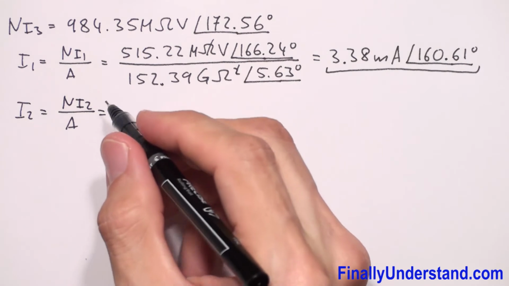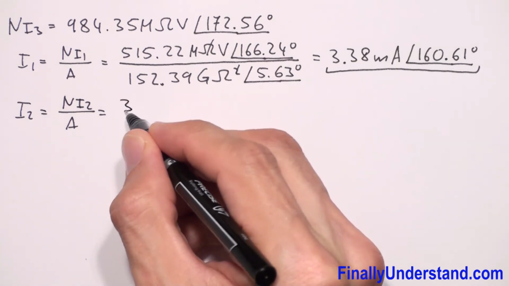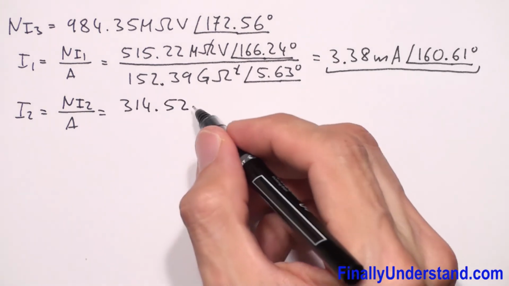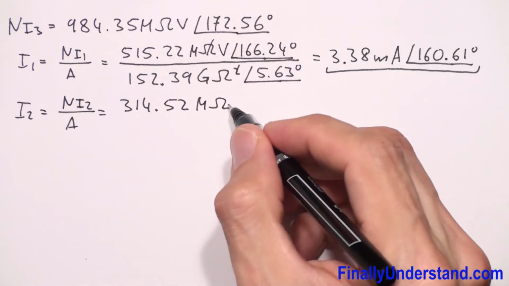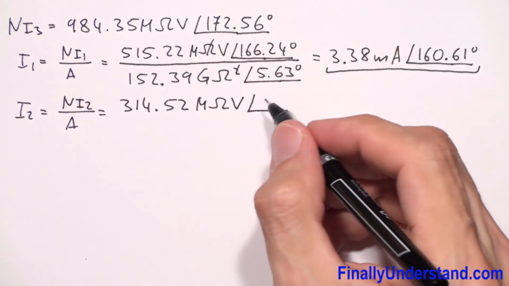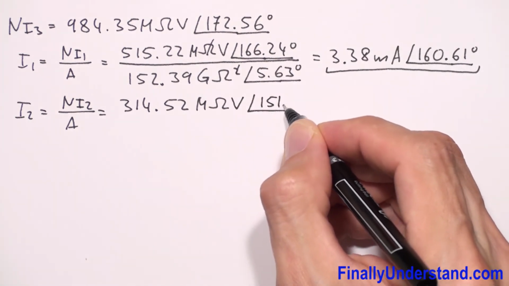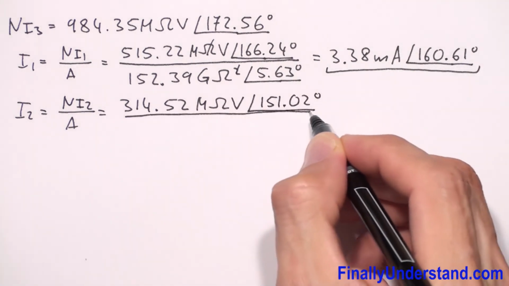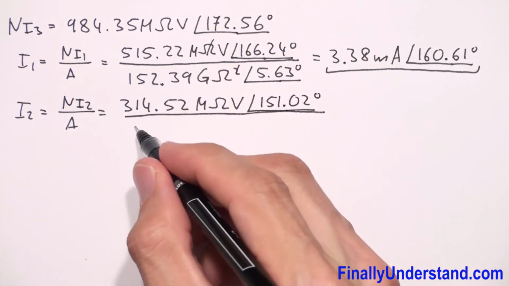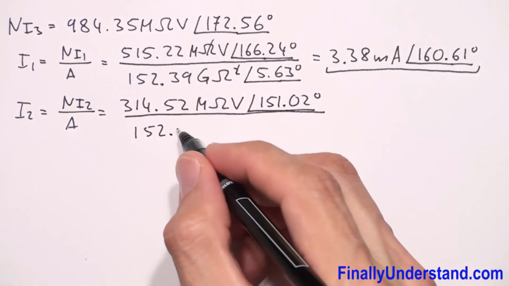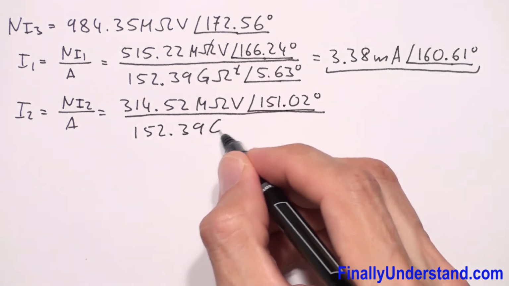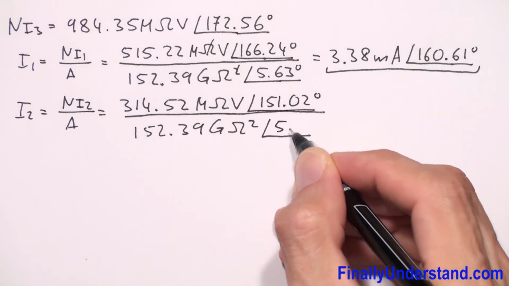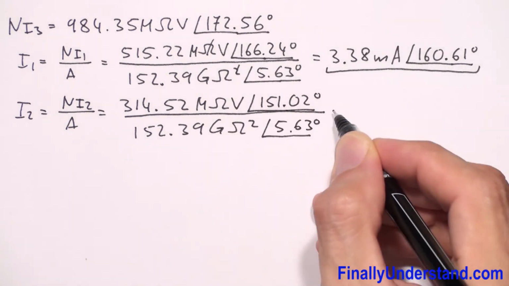We found that NI2 is equal 314.52 mega ohm volt and angle of 151.02 degrees over delta, which is equal 152.39 giga ohm square and angle of 5.63 degrees.